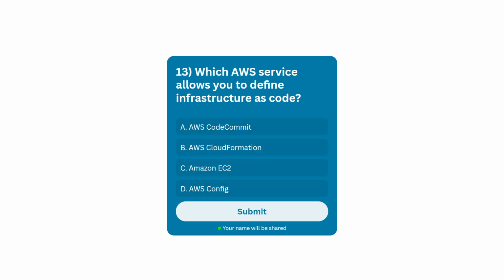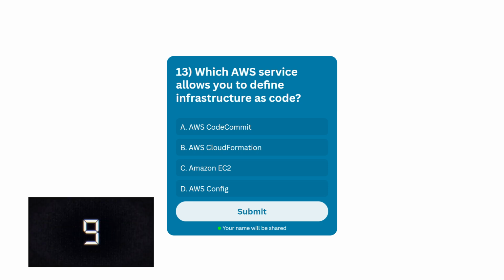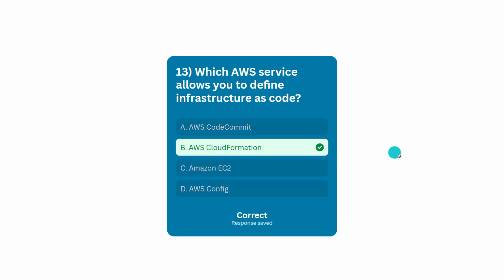Which AWS service allows you to define infrastructure as code? AWS CloudFormation. CloudFormation automates resource creation using JSON or YAML templates.